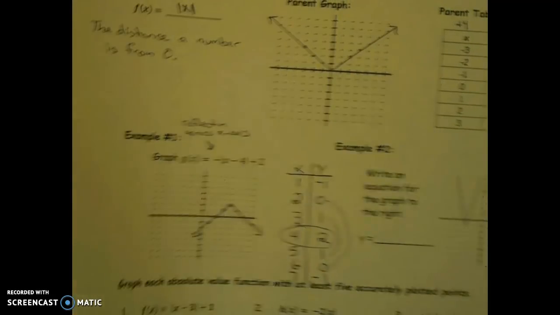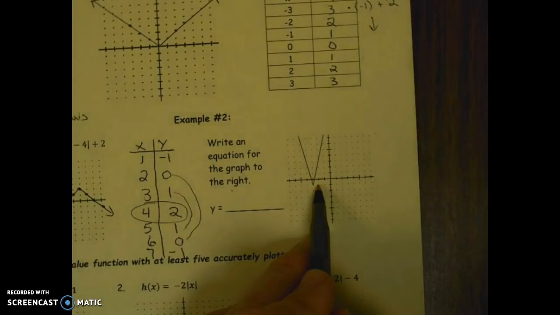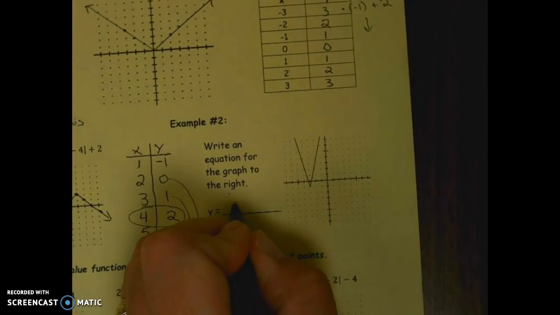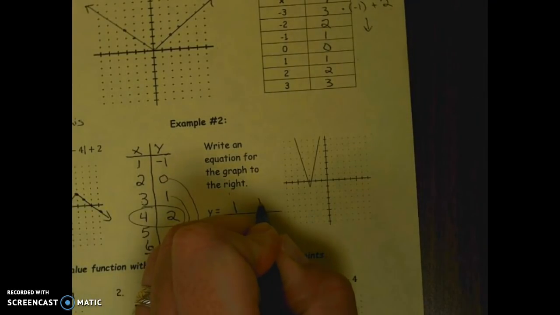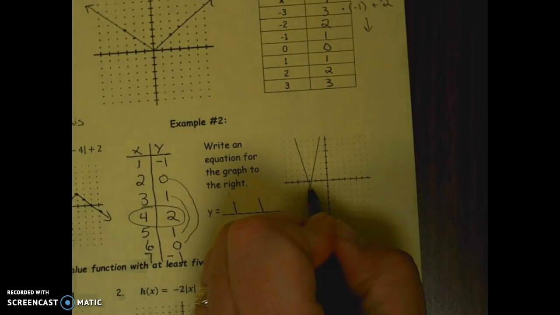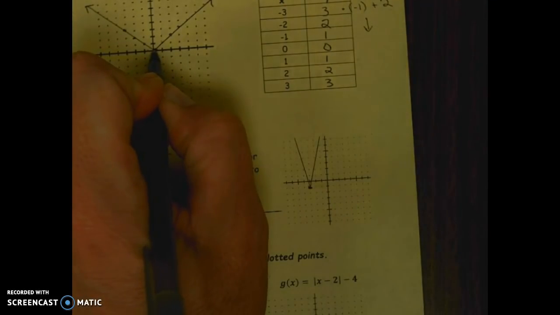Okay, next, write an equation for the graph to the right. So the first thing we want to do here is put in our absolute value. Okay, notice that this point right here, I call it my special point because it's sort of the vertex.